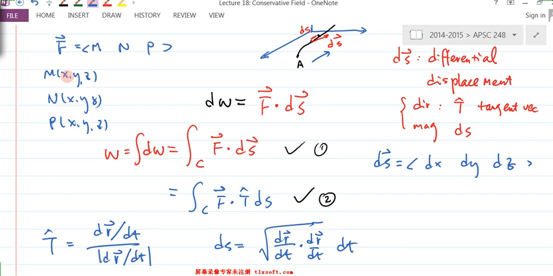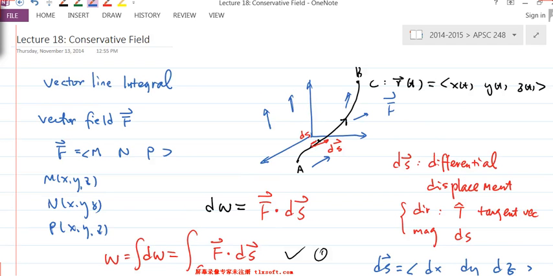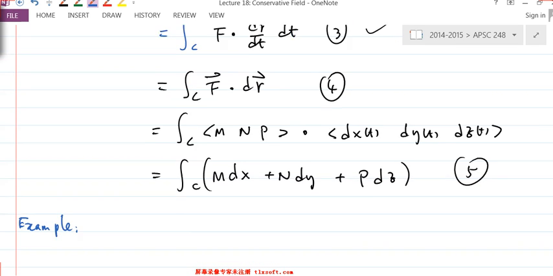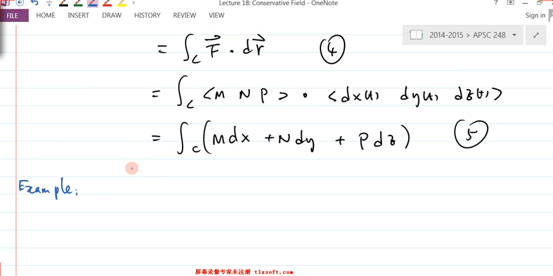So you're going to have to replace whatever x, y, z right here with the parametric equation from this curve C. That step is very important. You have to do that before you are able to evaluate this line integral. So let's see this example here. But sometimes we have some shortcuts to do this line integral.